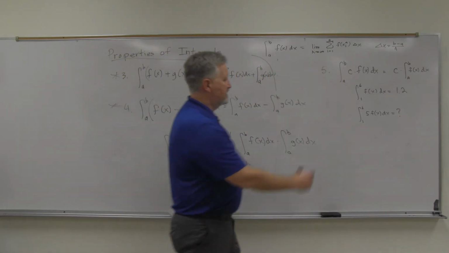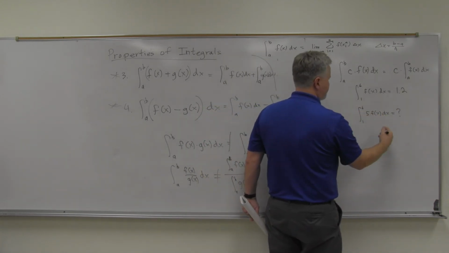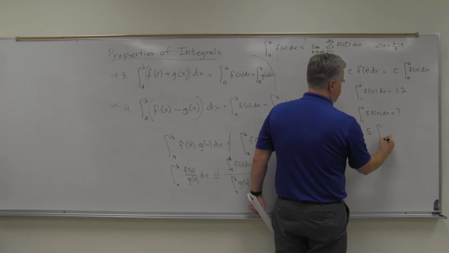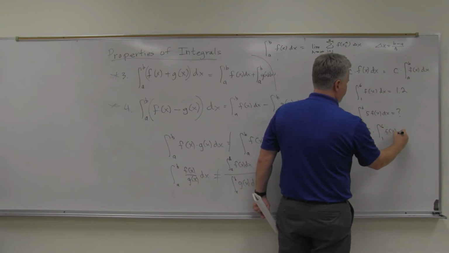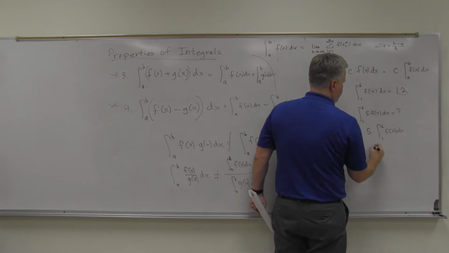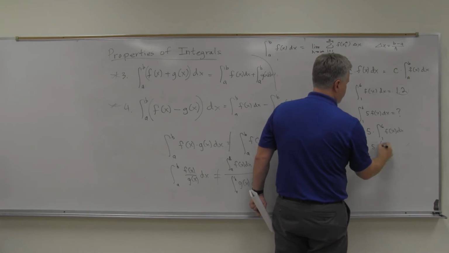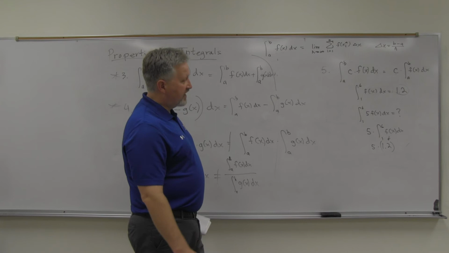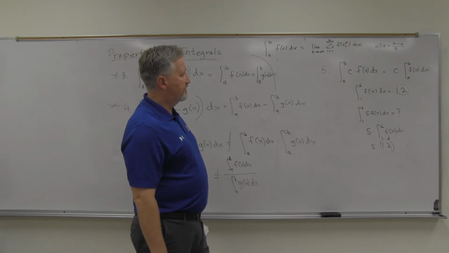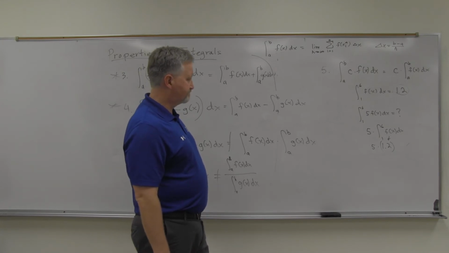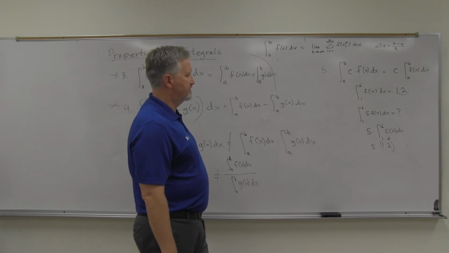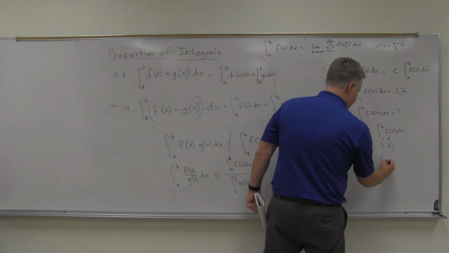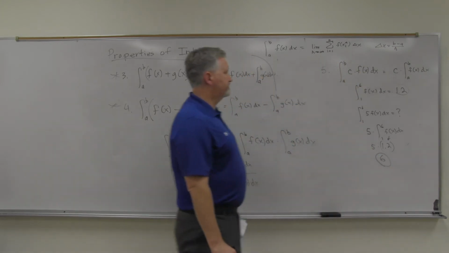If you just have a constant times your function, you can think of that as 5 times the integral from 1 to 6 of f of x dx. And then we know that's 1.2, so it's 5 times 1.2, since that's the value of that integral. You can do that sort of multiplication if it's just a constant. That's 6.